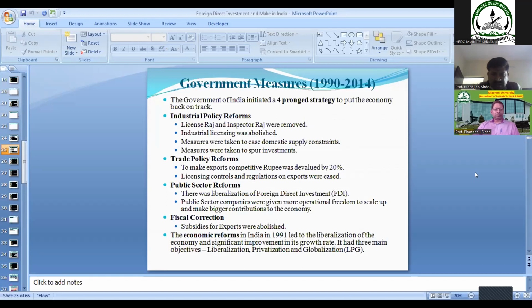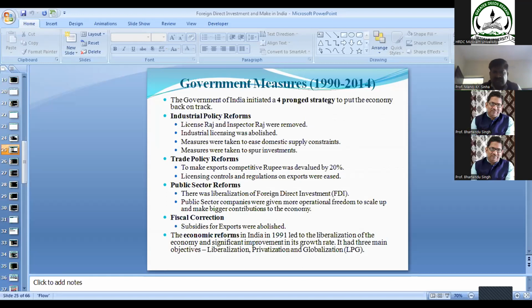Public sector reform: previously most sectors were reserved for the public sector, but in 1991 the government of India opened the public sector to private investors, including both domestic and foreign. On fiscal correction, subsidies for exports offered by the government were abolished in 1991. And the government started to follow the LPG policy, that is liberalization, privatization, and globalization.